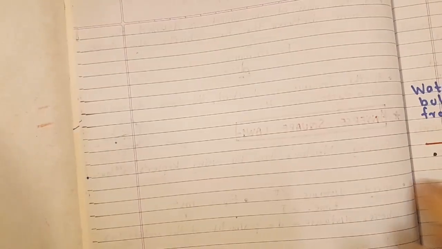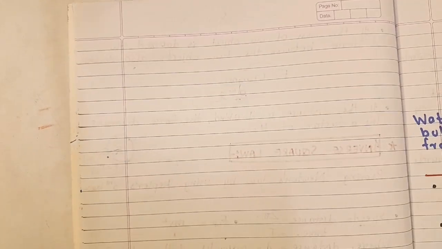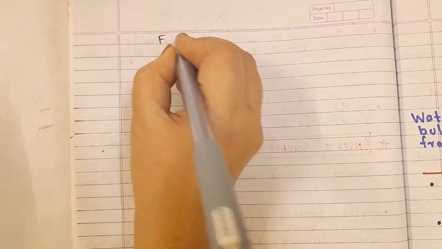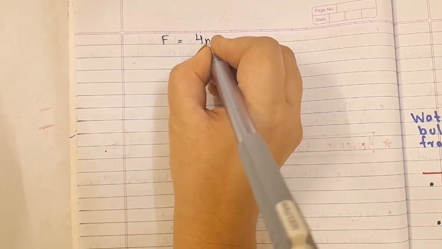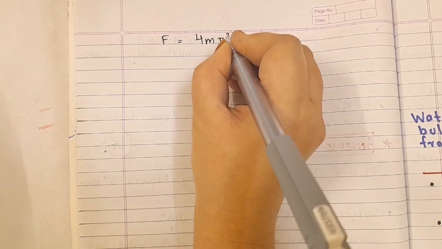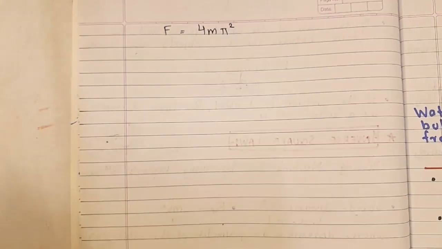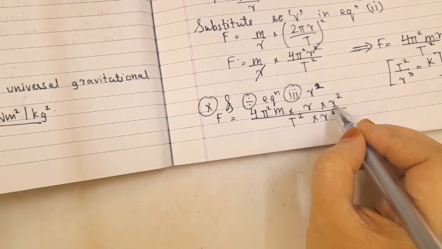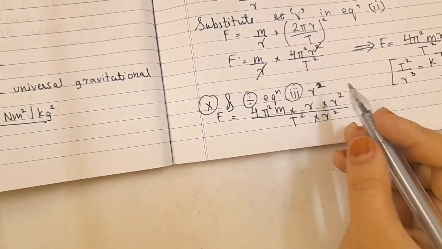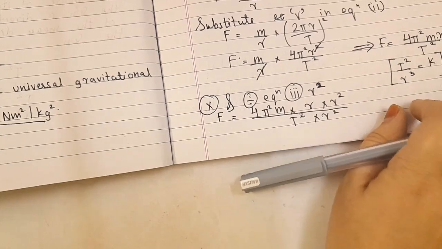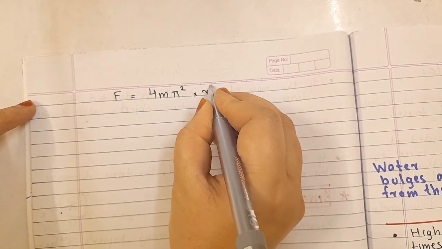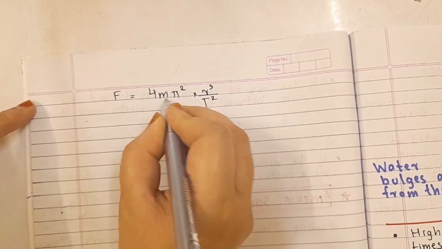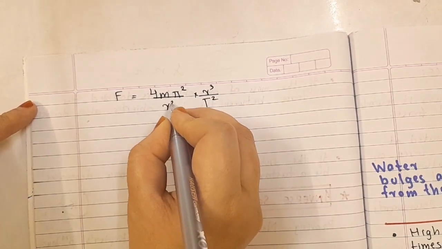Now we can write the equation F is equal to 4 pi square m, r into r square will be r cube, divided by t square into r square. Now write here into r cube divided by t square, and the r square stays as it is.